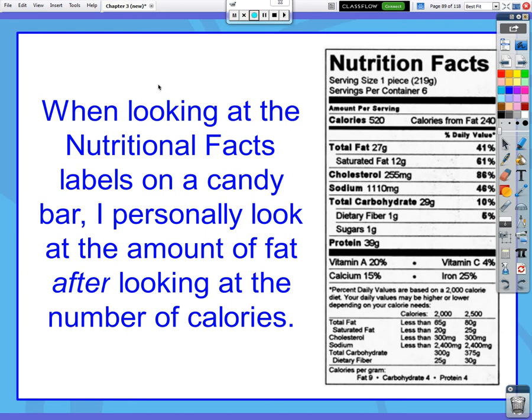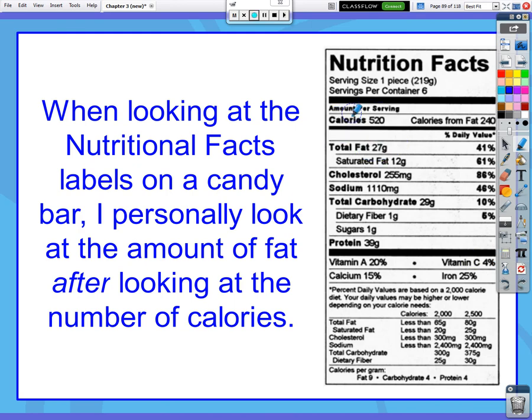Now, with looking at nutrition facts labels, I personally look at the amount of fat after I look at the number of calories. So first I want to know how many calories are in this thing, and then the next thing I look at is how much fat is in this.